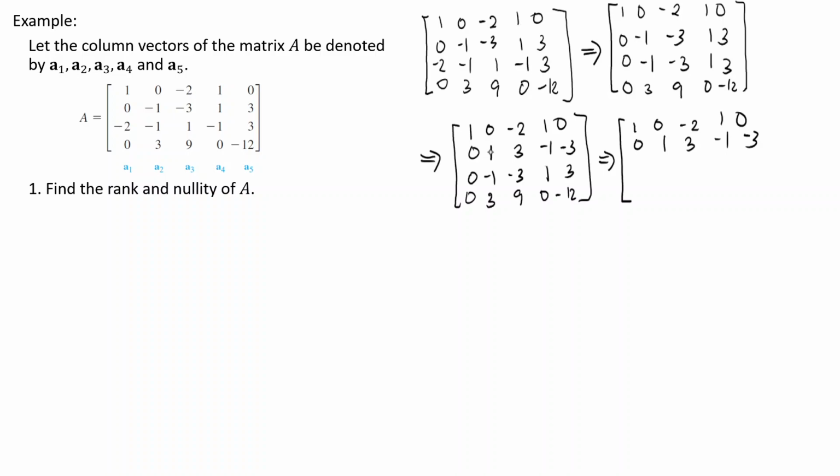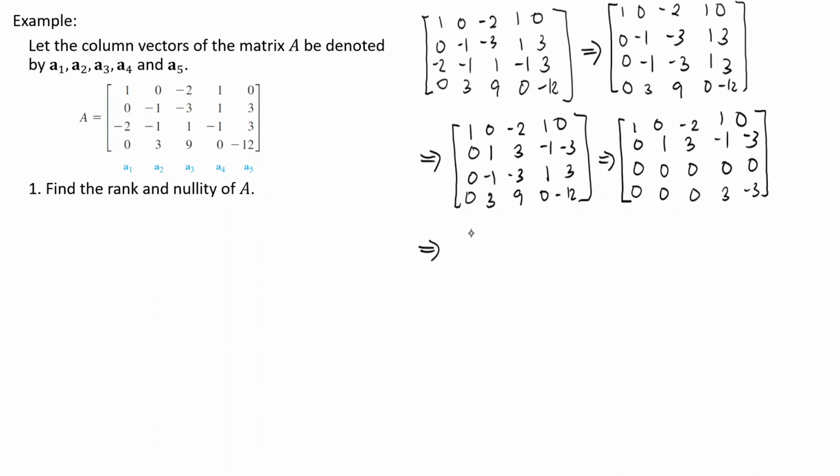This time we can make these two entries here 0, so we add these two rows, row 2 and row 3. So notice they have opposite signs but with equal absolute values. So we have here 0, 0, 0, 0. And then we can multiply row 2 by -3 and then add to row 4. So that's 0, 0, that's multiplied by -3, so that's 3, and then multiply by -3, so that's -3.